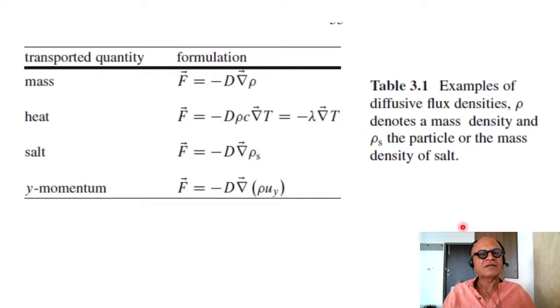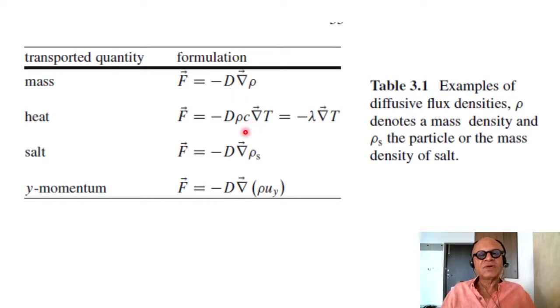By looking at the examples of diffusive flux, rho here is density, mass, for example. Rho_s is the particle or mass density of salt. So you can say mass flux is minus D times the gradient of rho. If there is a density gradient because of salt, temperature, or pressure, or whatever, then you get a diffusive flux.